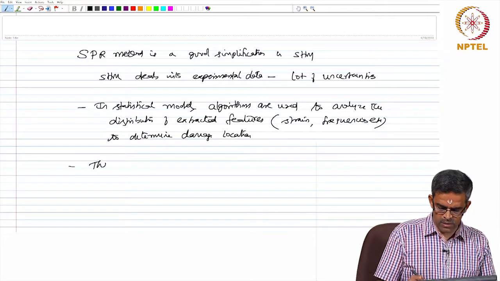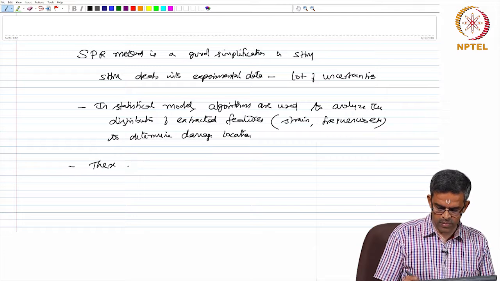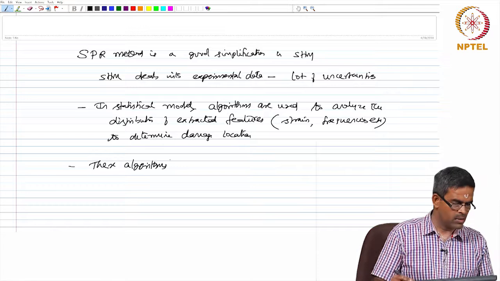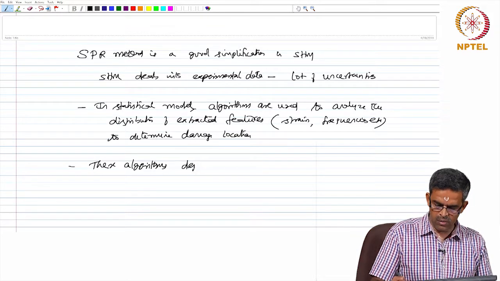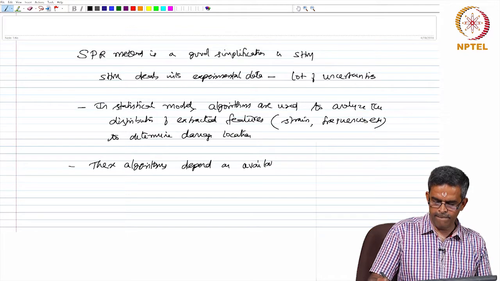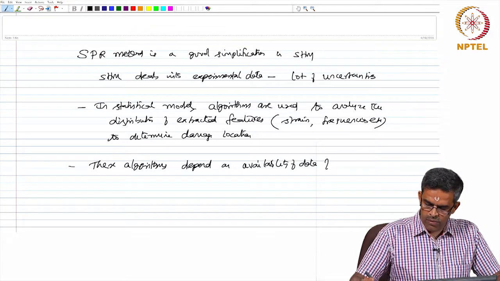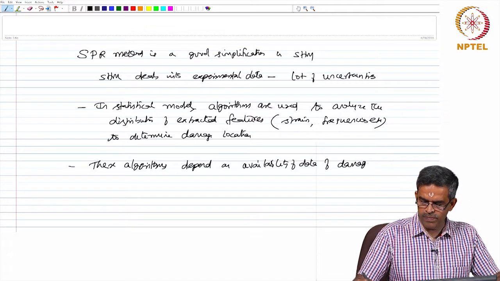However, these algorithms depend on availability of data of damage states.